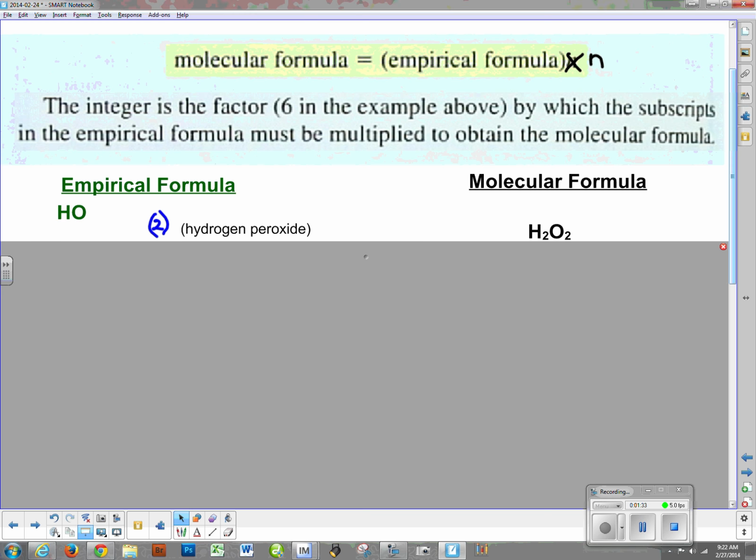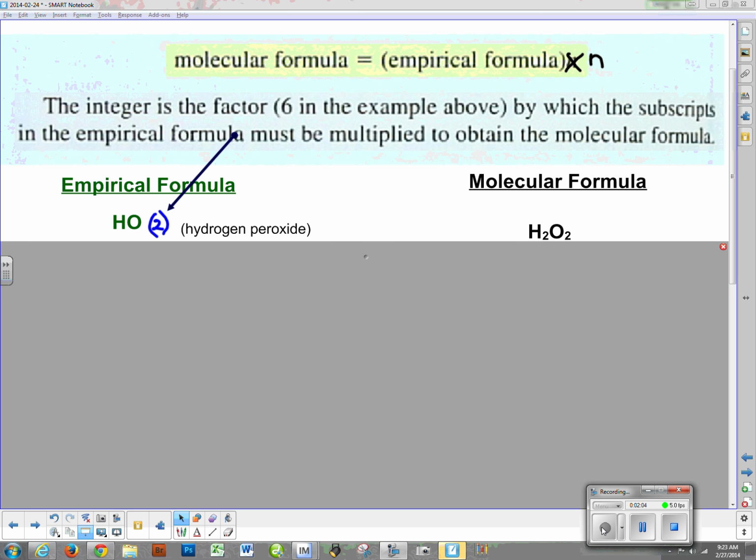And if there's 2 of them, what that means is that the subscripts, so, like you said, the 2 down there is because when we get 2 of these, we're going to have 2 hydrogens and 2 oxygens. So when you put this 2 out here for n, you're literally multiplying the entire molecule.